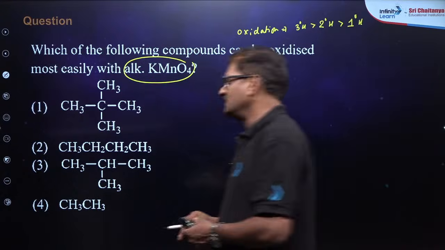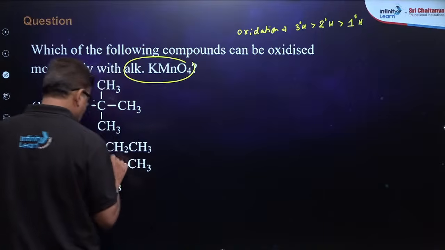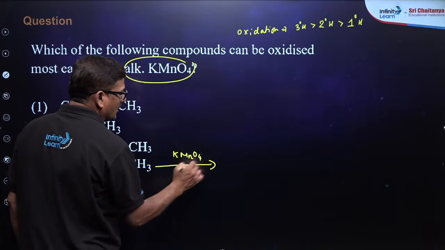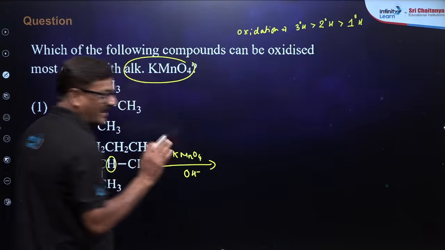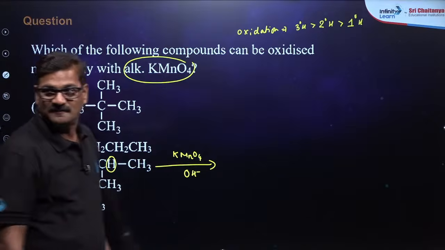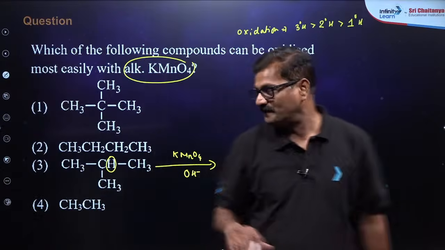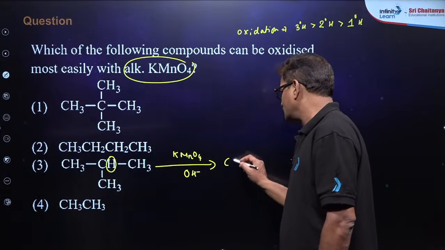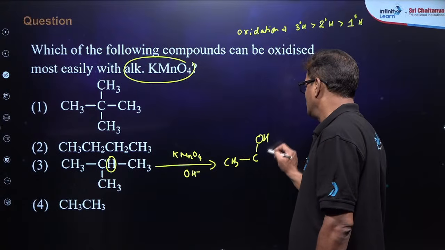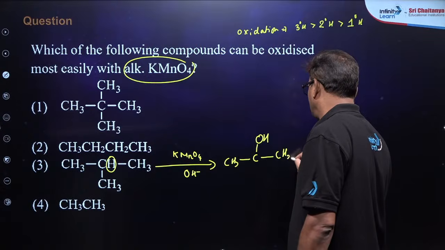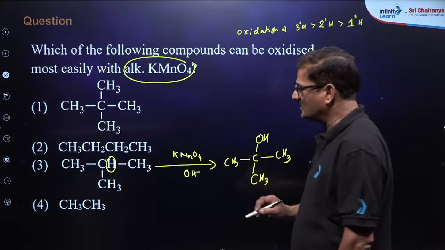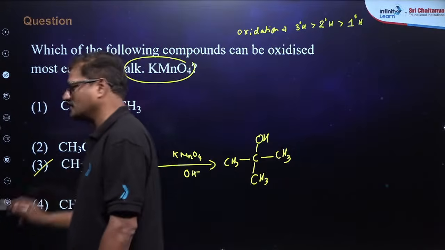So the tertiary hydrogen is oxidized when treated with KMnO4 in alkaline media. If you use acidic media, the molecule will break; it can be sliced like anything. So the product is going to be CH3 and COH and CH3. So the answer for this question is going to be option 3.